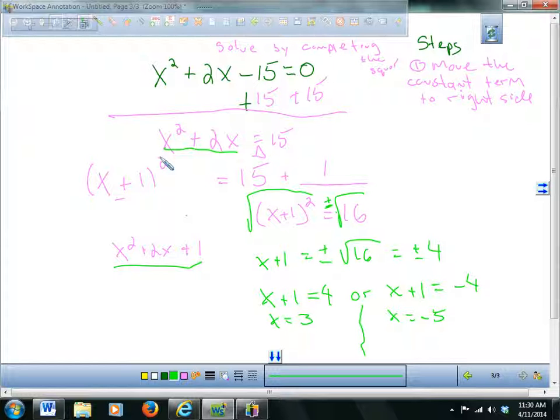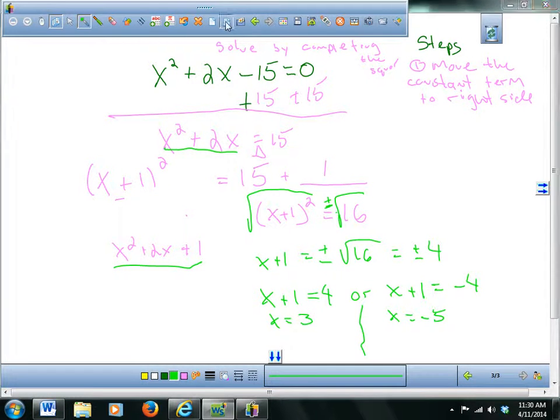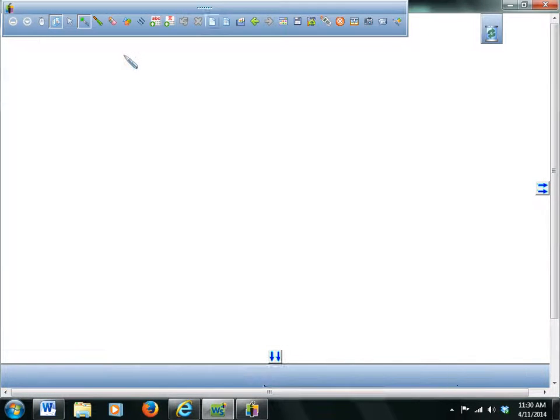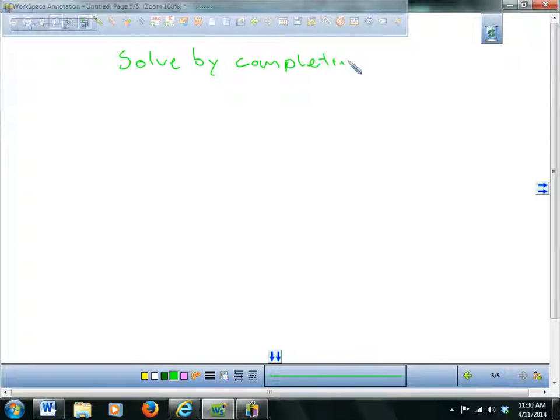Okay? X squared minus 14x plus 16 equals 0. Solve by completing the square. You need to do like 2 or 3 of these until you see what's going on. Now that one I probably wouldn't want to solve by completing the square because it's a lot easier to do by factoring.